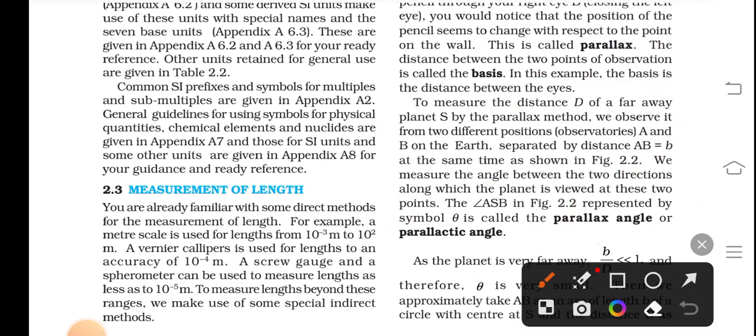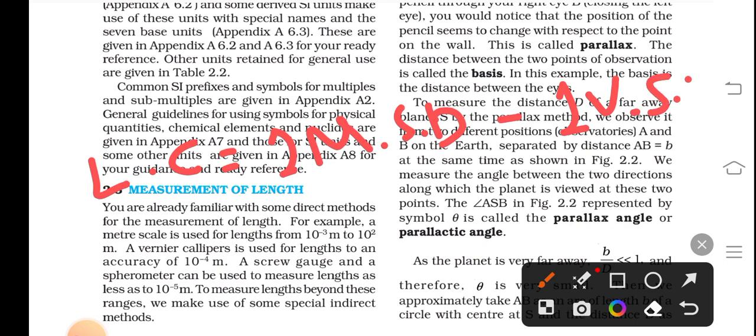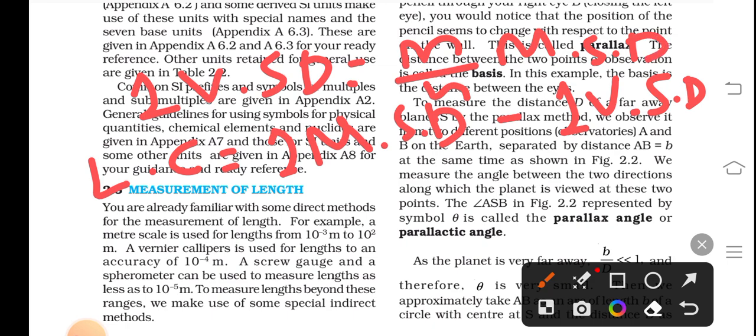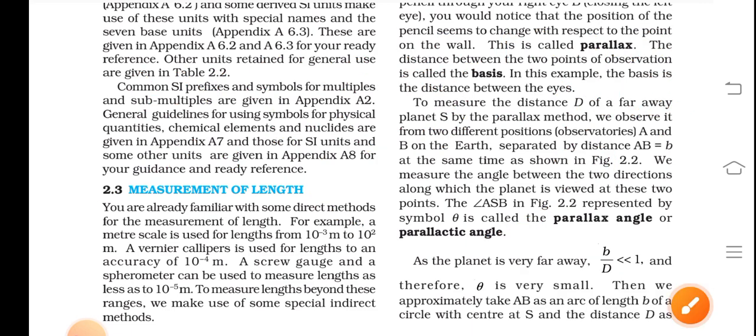I said just now, least count is equal to one main scale division minus one vernier scale division. But just now we got one formula: one vernier scale division is equal to m by n main scale division. So put it here.